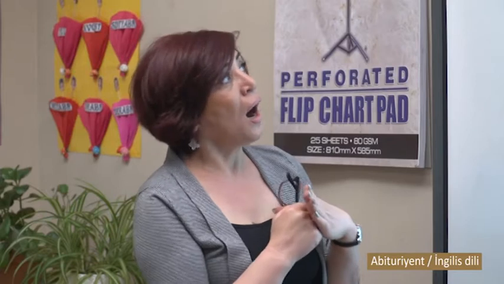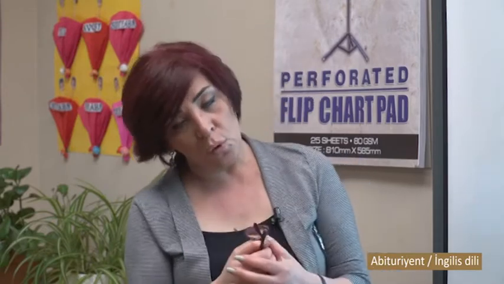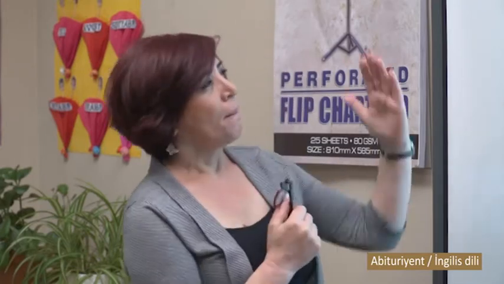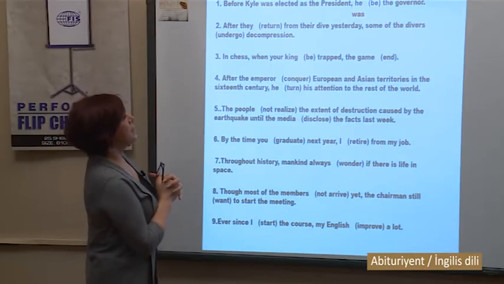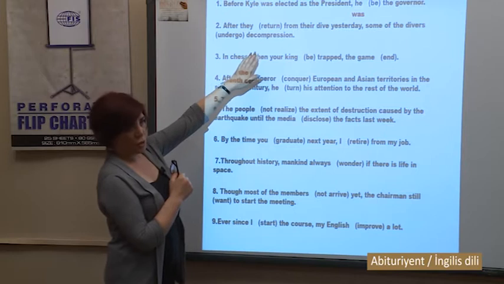It will be after they returned. If our adverbial clause of time is in the past, what about the independent sentence? It means that the main clause will be in one of the past tenses. From their dive yesterday, some of the divers underwent decompression.